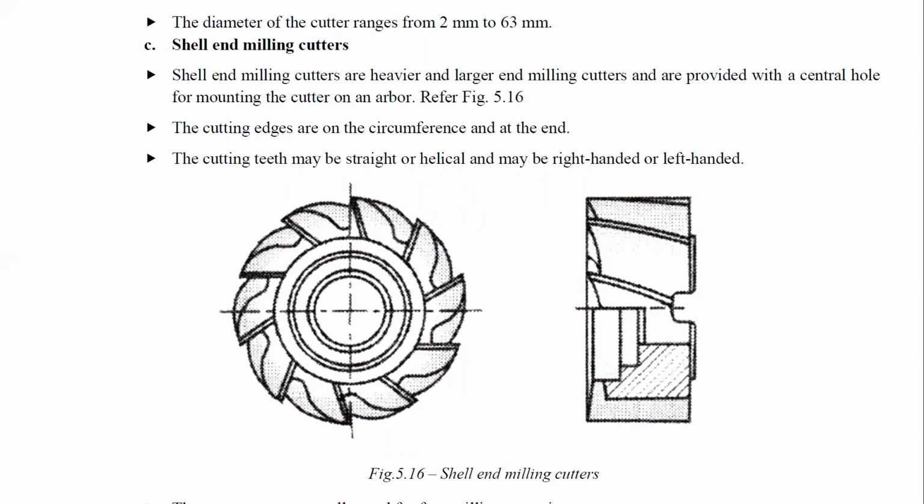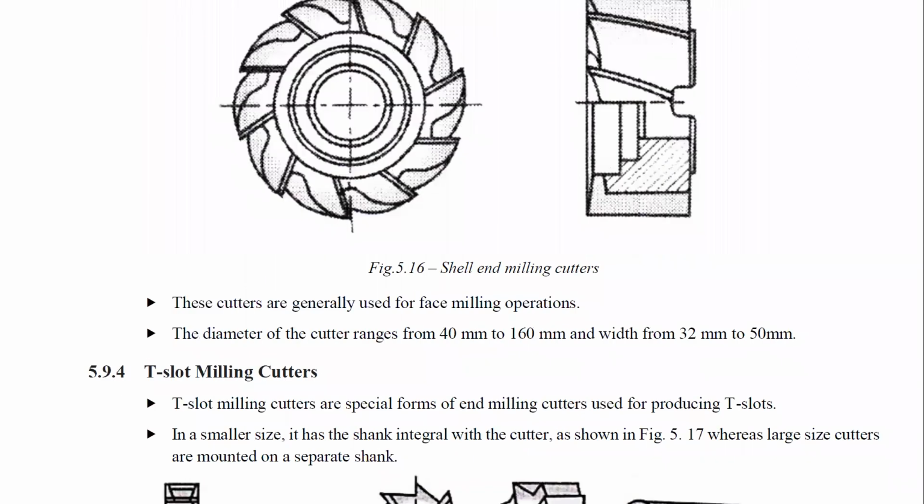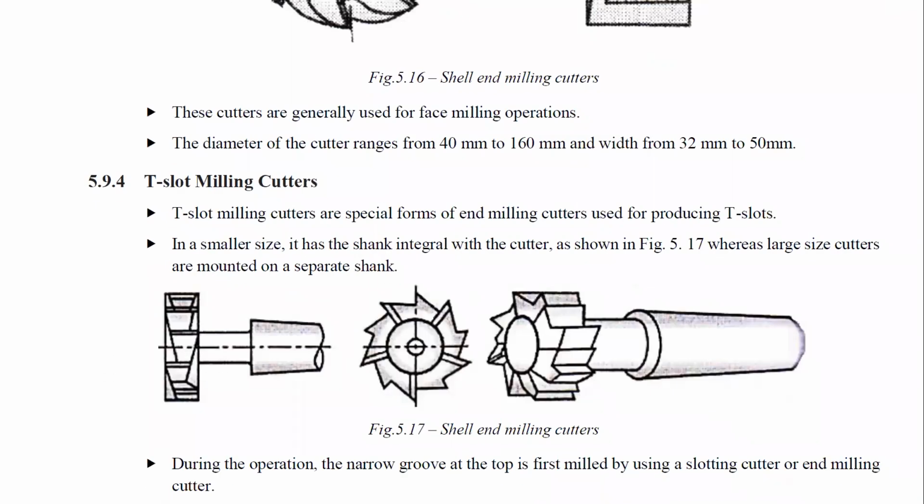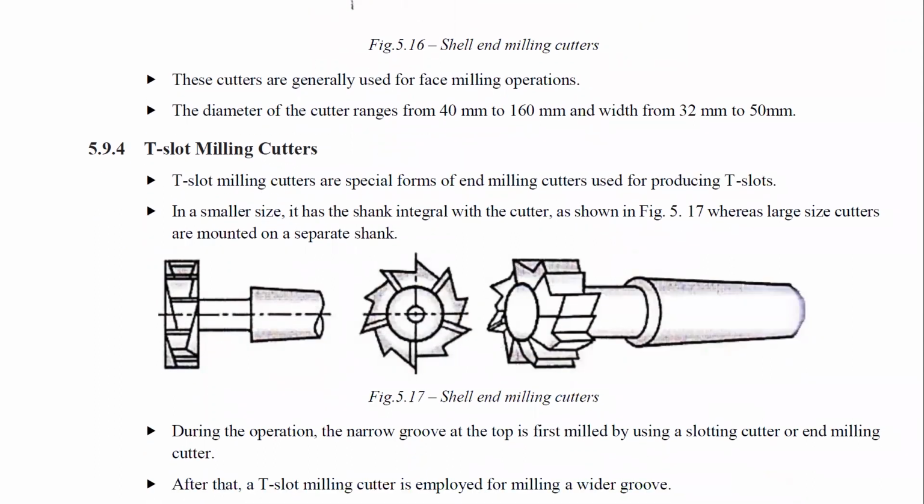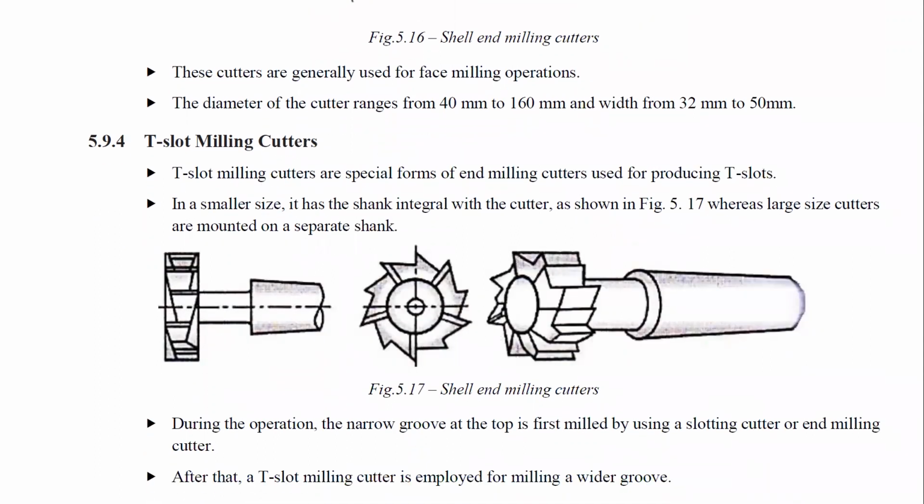Cutting teeth may be straight or helical, may be right-handed or left-handed. These cutters are generally used for face milling operations. Diameter of cutter ranges from 40 mm to 160 mm, width from 32 mm to 50 mm.